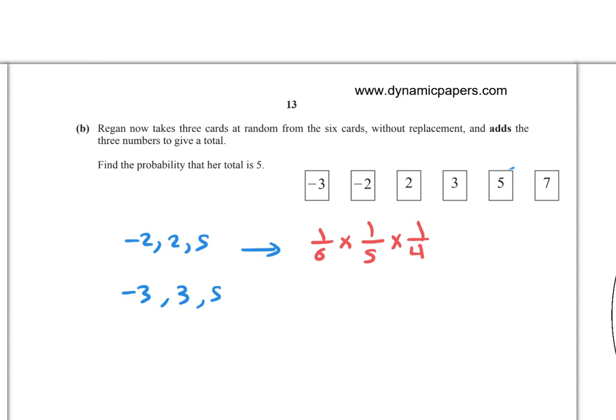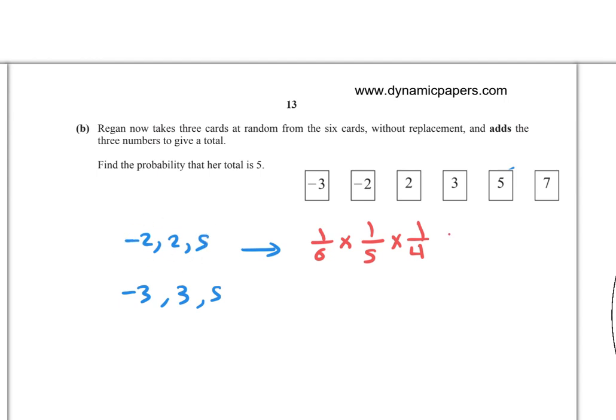So if we have 3 different numbers, by how many ways can you arrange them? 6 ways. Because if you start with negative 2, then you have negative 2, 2, 5, or negative 2, 5, 2. Same, if you start with 2, you can switch between negative 2 and 5. If you start with 5, you can switch between 2 and negative 2. So we have 6 ways to arrange them.